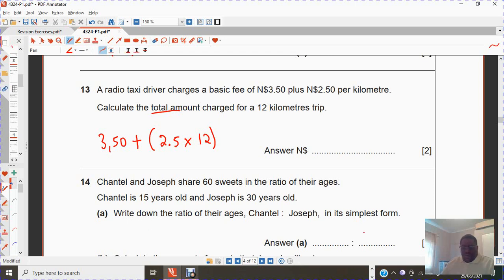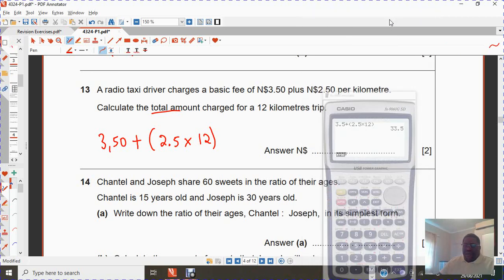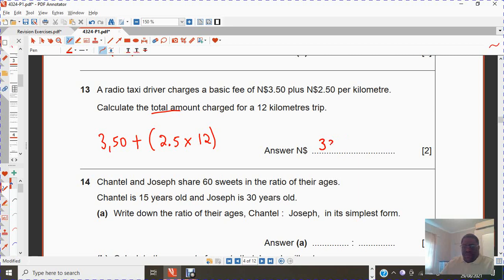If we grab our calculator we can work that out: it's 3.5 plus, in brackets, 2.5 times 12. You can go ahead and close that. So obviously $33.50. Okay, don't forget your workings, please.